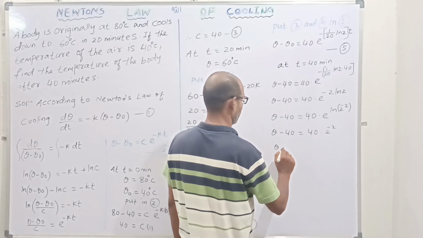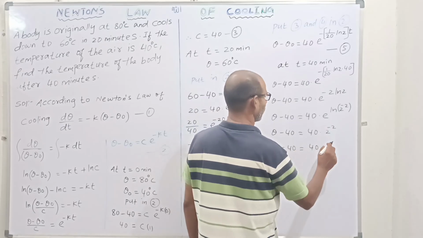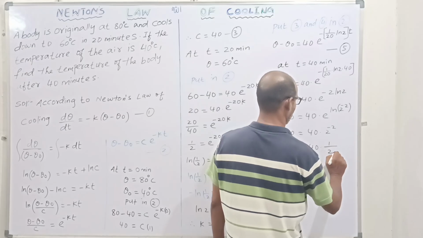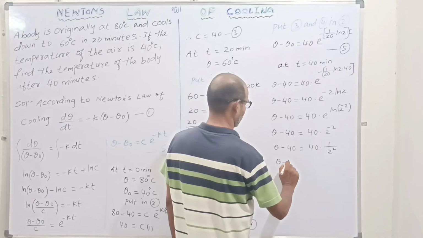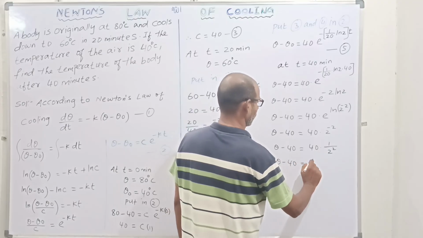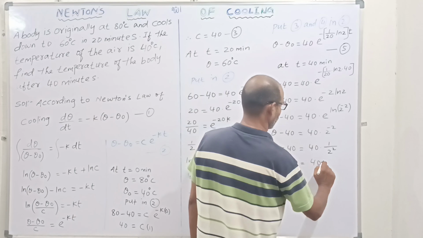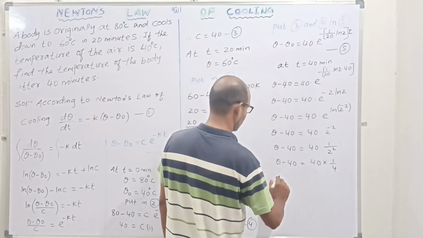So theta minus 40 is equal to 40. 2 power minus 2 is nothing but 1 by 2 square, right? So theta minus 40 is equal to 40 into 1 by 4. So we can cancel it.